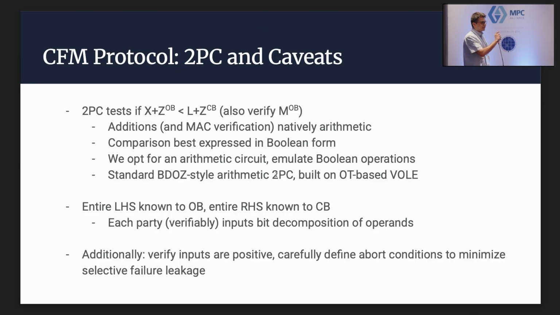Rather than doing an arithmetic to Boolean conversion and so on inside of the 2PC, we can just use the fact that each side of the inequality is known to one party, so you can directly input a bit decomposition. And yeah, I'm hand-waving a bunch of details, which is that you need to verify that all these inputs have been put in correctly and so on. You need to verify that the inputs are effectively all positive.